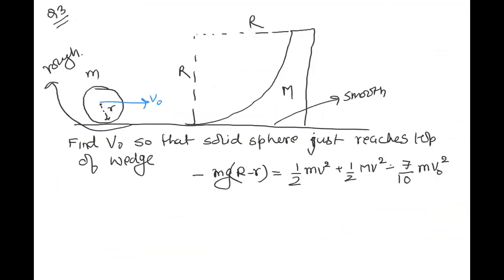In this question, when we say that the sphere is at the highest point, what do we mean? We mean that the sphere is here. Center of mass is here.